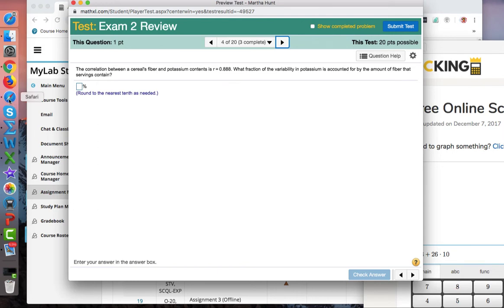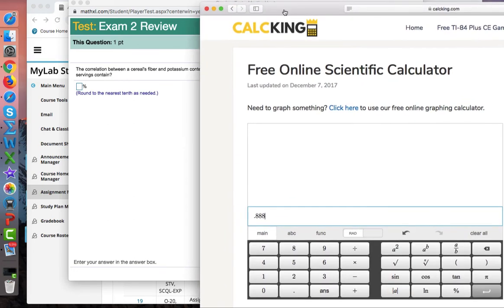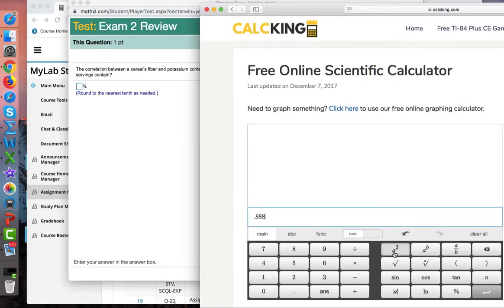So once again, we're going to take our calculator. We're going to enter 0.888, and I'm going to scoot this over, and we're going to square it. And it's 0.788, and we want it rounded to the nearest tenth, so that would be 0.8.